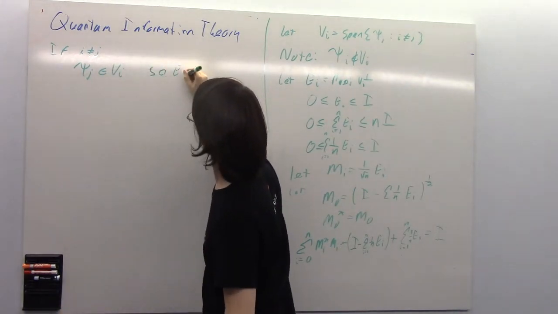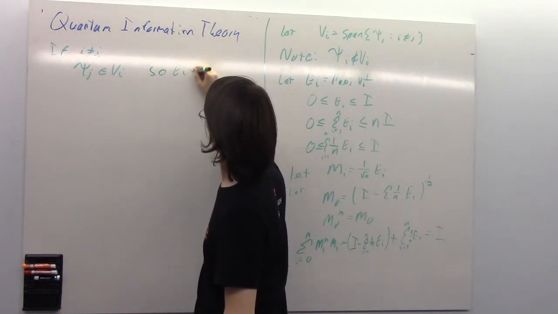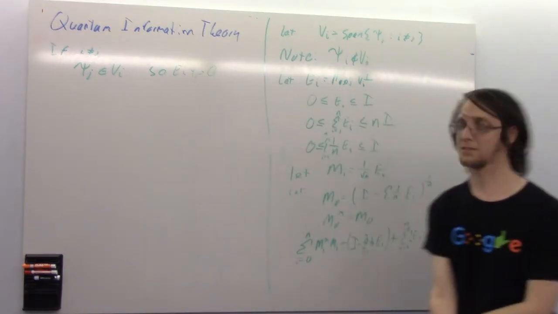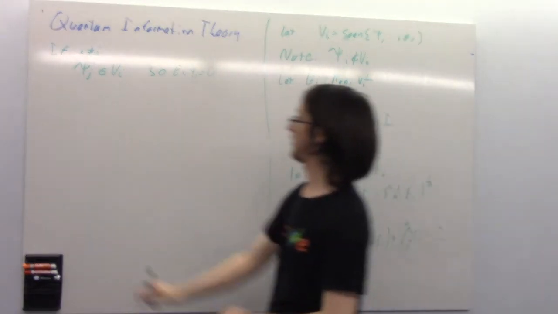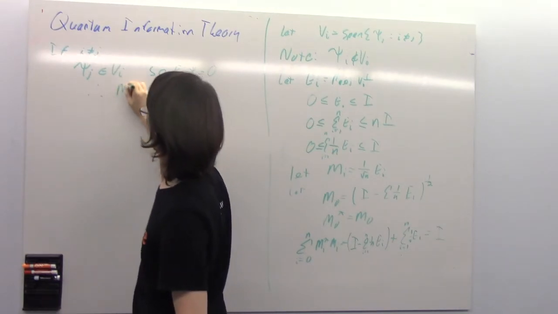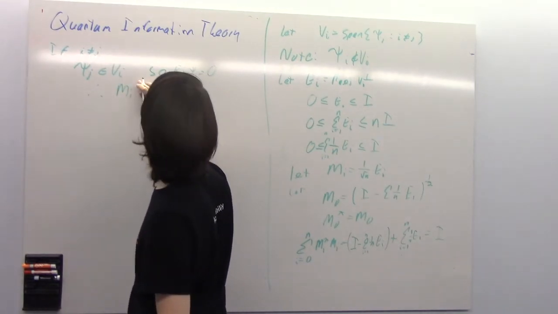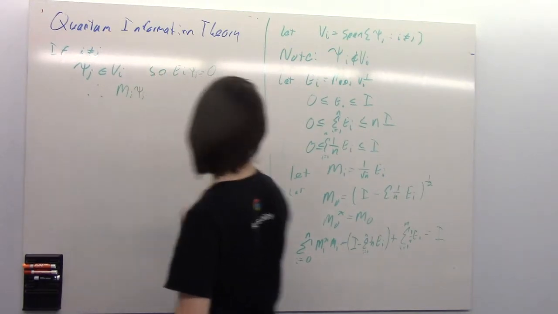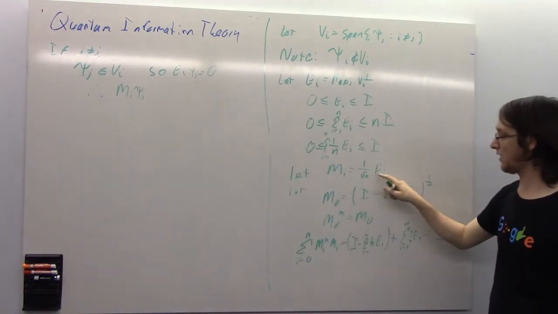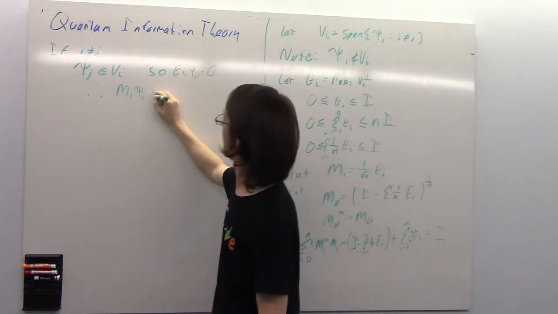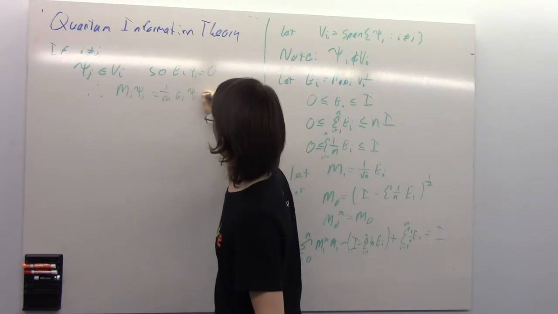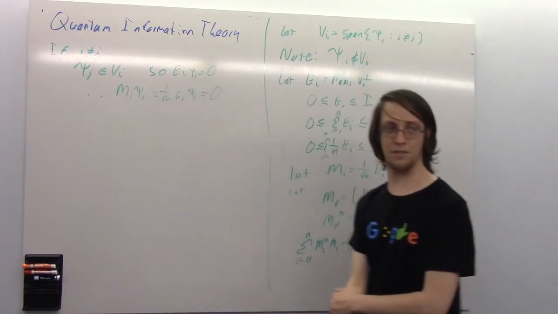So, Ei Cj is 0. So, Mi of Cj, which is 1 over the square root of n Ei for Cj, must be 0.